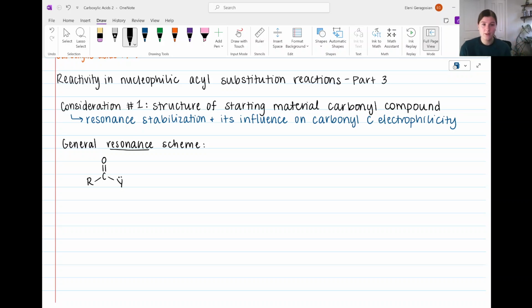Now, for all of our Y groups, they have at least one pair of electrons. They all have at least one pair. And so we'll draw the pair of electrons on Y. We have two pairs of electrons on the carbonyl oxygen.